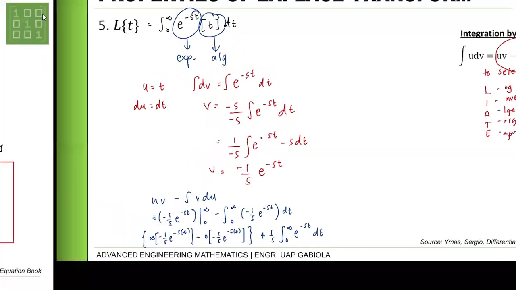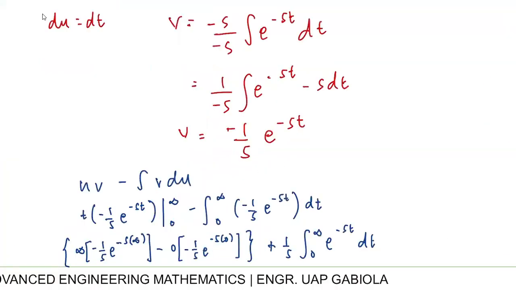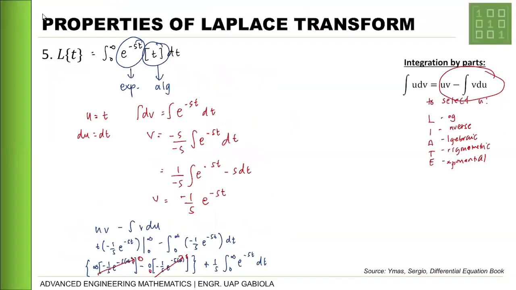So, let us simplify. Here we see that it is times infinity again. So, e raised to an infinite negative number will be equal to 0. Okay? This second one, we have a multiplier of 0. So, this will also be equal to 0. So, what remains in our equation is equal to 1 over s, integral from 0 to infinity of e^(-st) dt.